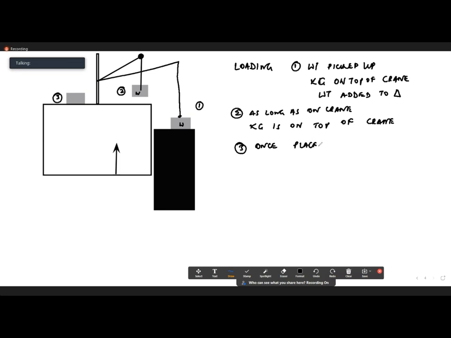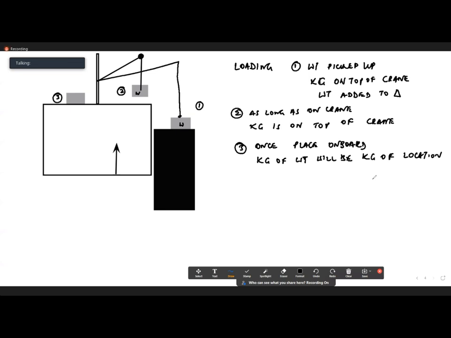Once placed on board, KG of the weight will be KG of location. Any doubts so far?